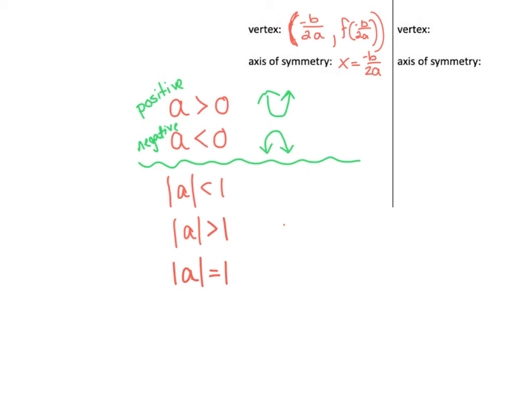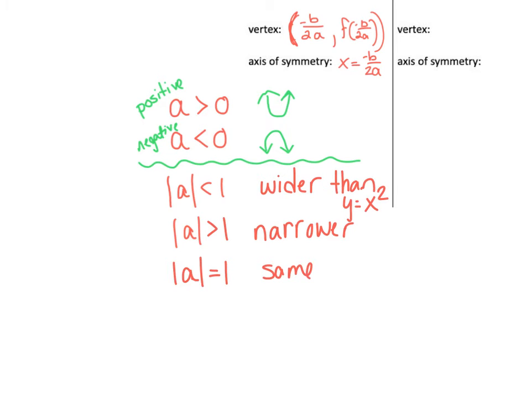When you look at the numeric portion of a, or the absolute value of a, if it's a value smaller than 1, your parabola ends up being wider than the parent function. So wider than y equals x squared. Whereas if it's greater than 1, it's almost a little counterintuitive, it ends up being narrower. And we'll talk about this in terms of stretches and shrinks. If it's exactly the same as 1, well, then it's the same as your parent function.